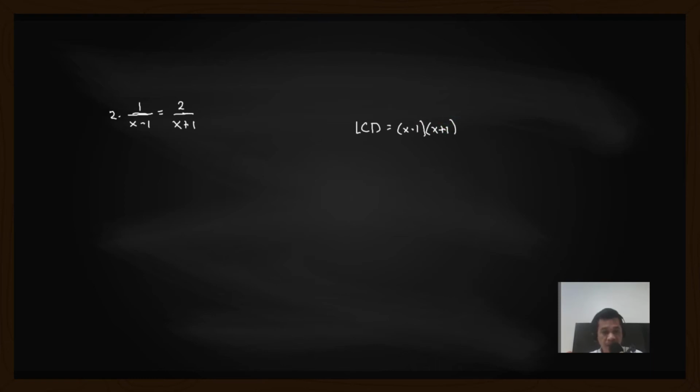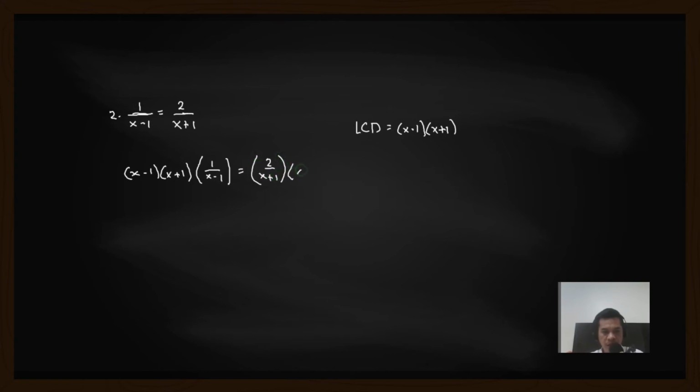Okay? Now, since we have already our LCD, what we're going to do is we multiply the LCD to both sides of the equation. So we have now x minus 1, x plus 1 times 1 over x minus 1 is equal to, okay, copy 2 over x plus 1.